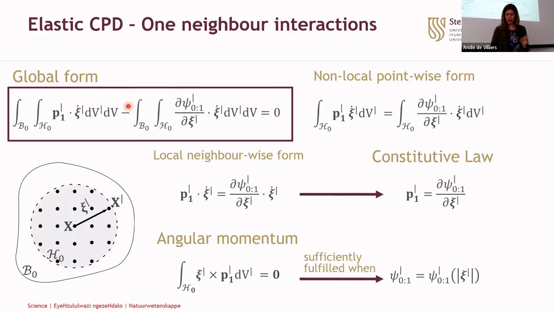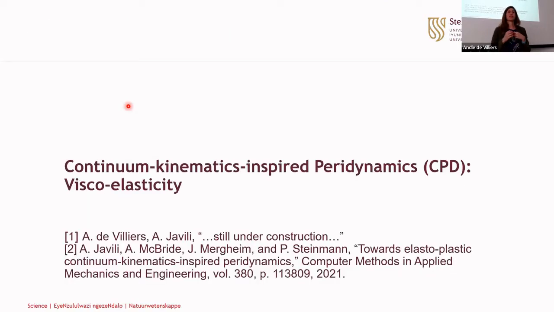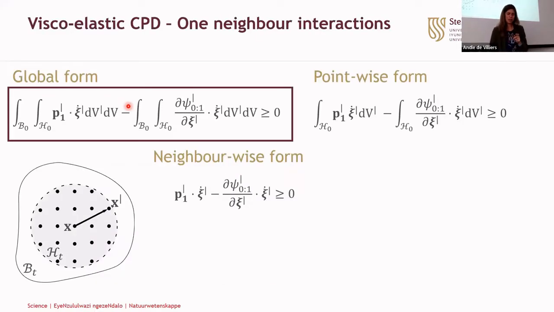Keep all of this in your mind when we move to visco-elasticity in the CPD framework. I'm going to show you some of the work that I'm doing with Andie de Villiers, and it's also built on another paper by him and co-workers that looks at elastoplasticity. Now the dissipation is not zero anymore.